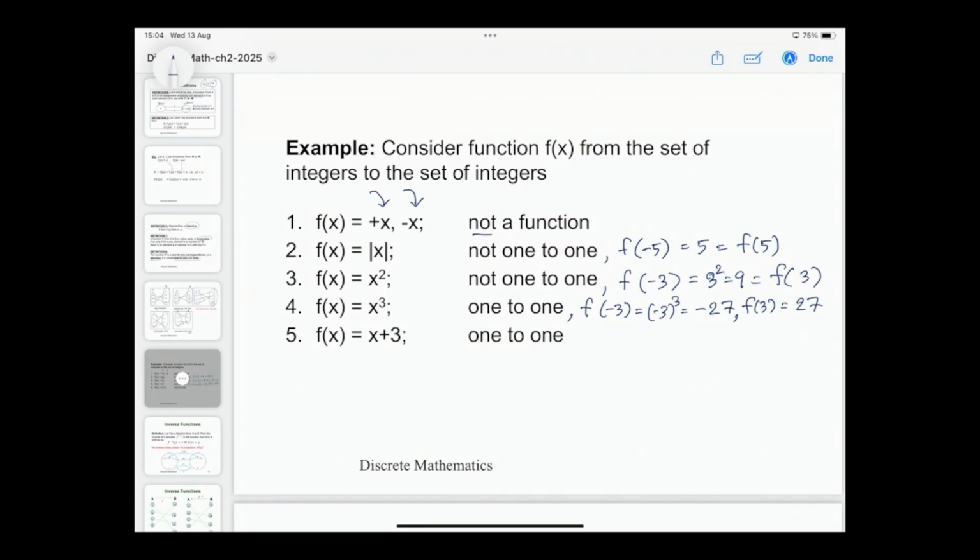The value of the function, positive or negative, follows the sign of the x value. If x is positive, the function is positive. If x is negative, the function is negative. And the last case is also one-to-one: x plus 3.